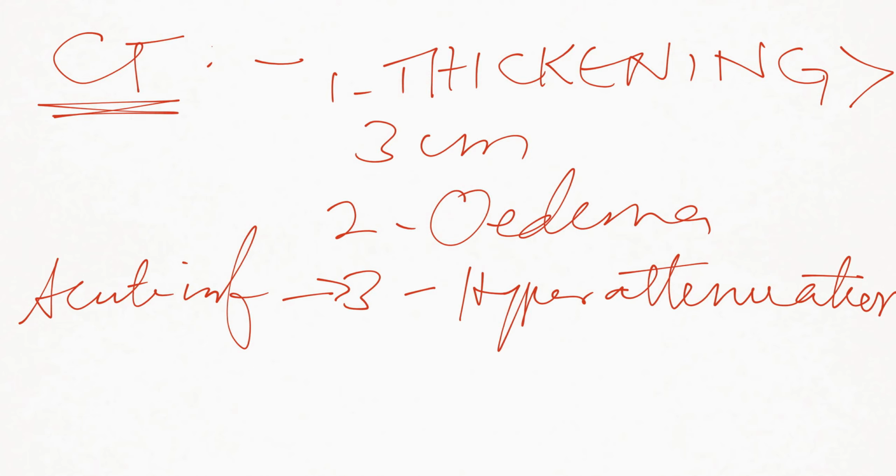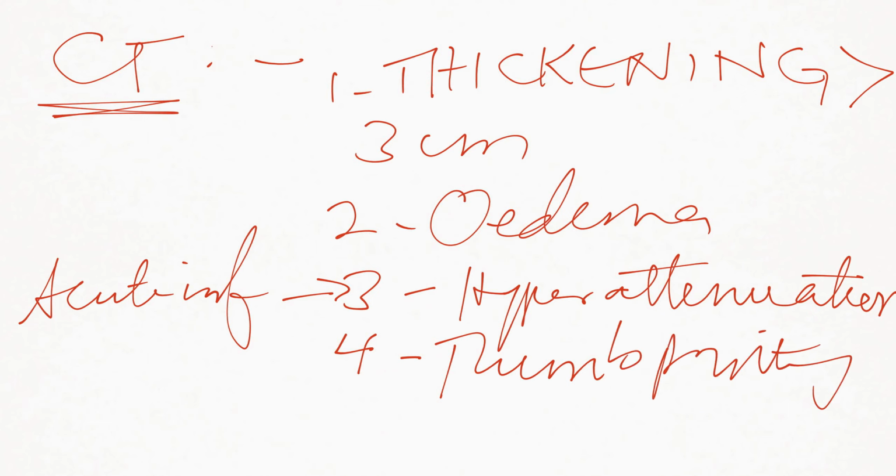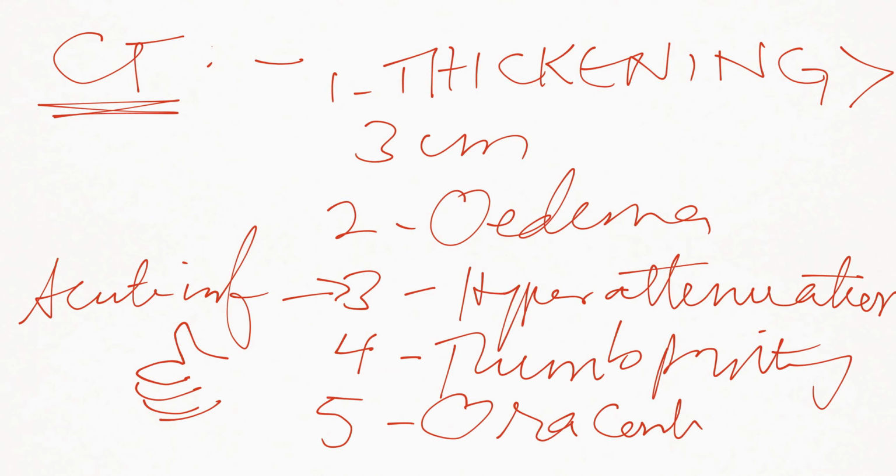And you will find a very important sign called thumb printing. Thumb printing, okay, something like a finger coming from a hand like this, something like that you will see in the CT scan. And finally, you will find a sign called the contrast ring, or ring contrast, and this is a sign of edema.